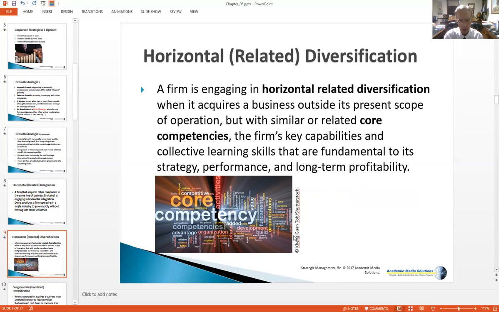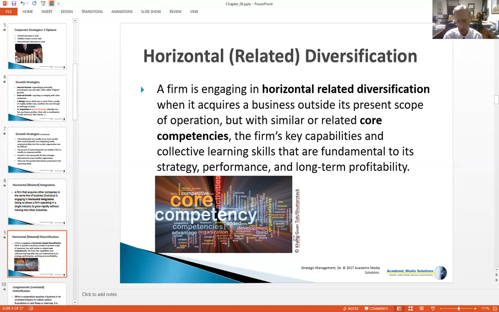When Deere acquired Timberland, a manufacturer of logging equipment, that was horizontal diversification. Why horizontal? Because all of those product categories use diesel engines and tracks.